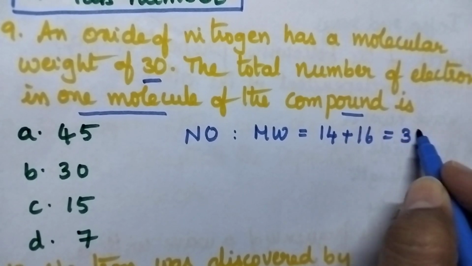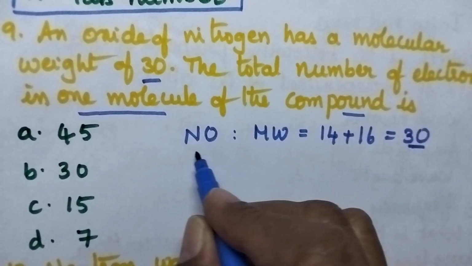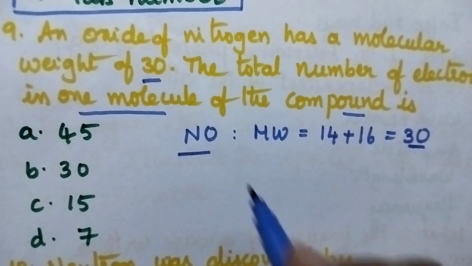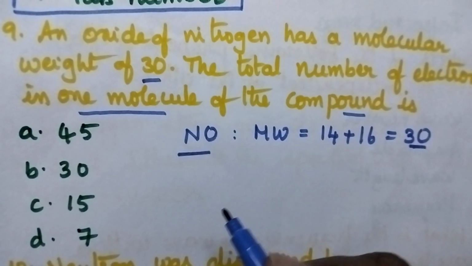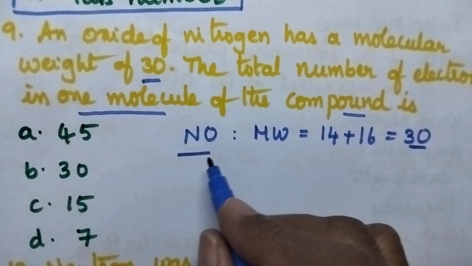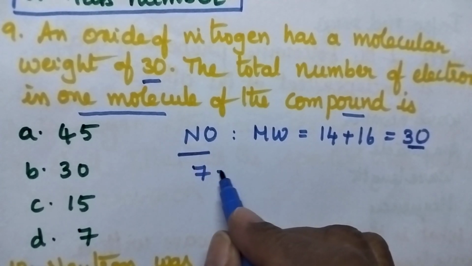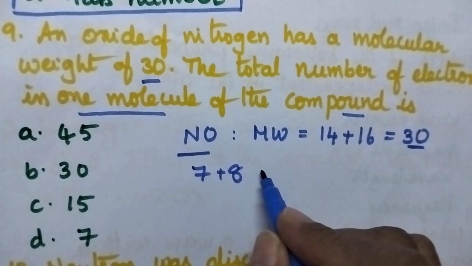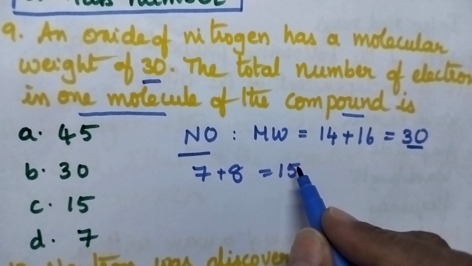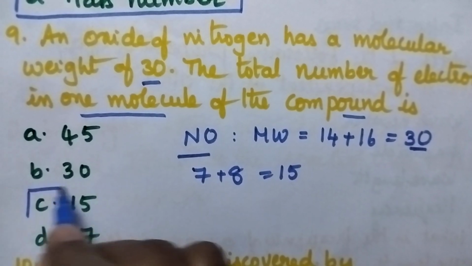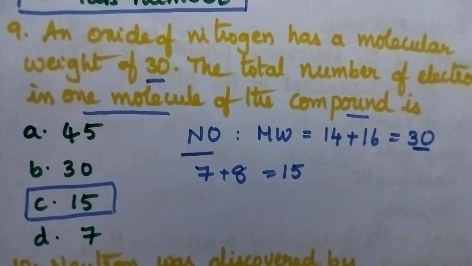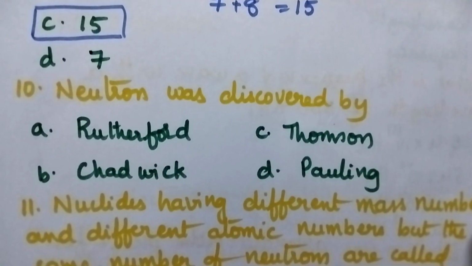So its molecular weight is 30. So here the given oxide is NO, and we are supposed to calculate the number of electrons present in NO. Nitrogen consists of 7 electrons whereas oxygen consists of 8 electrons. So altogether how many electrons are present? 15. So option C, 15, is the right answer.